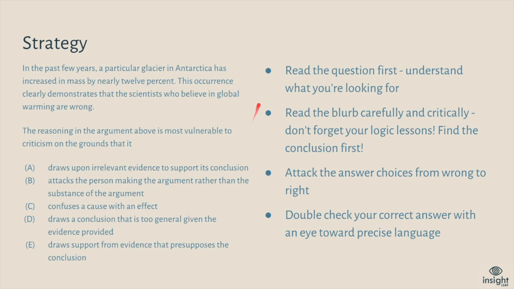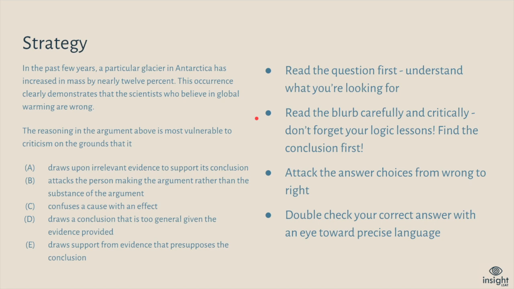So when we go back and read the blurb, we're not looking for the structure of the argument necessarily to find out what a particular sentence does in the argument. We're not looking for hidden assumptions necessarily. We are looking specifically for errors in this reasoning, and that's a particular way of approaching the blurb. There are many ways you can approach the blurb, and you can't do them all at once. So read the question first and know what you're doing when you go read the blurb.